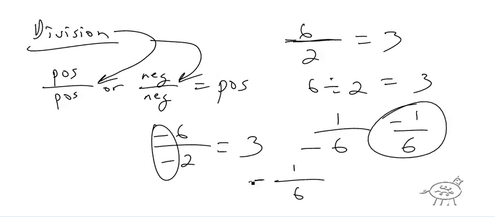All right? So I could give it to you as a fraction like that, or I could use the division sign. I actually don't see the division sign too much, but it is the same thing as a fraction. So negative 6 divided by negative 2, of course, is positive 3. All right, so that is positive over positive, negative over negative.